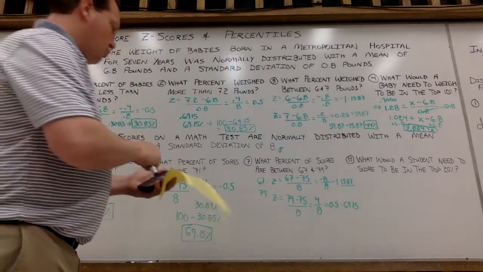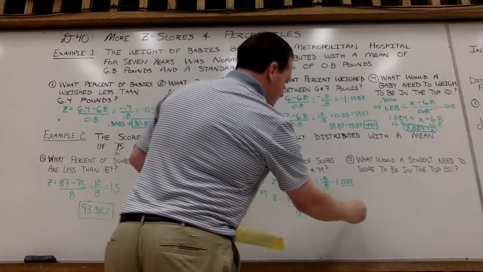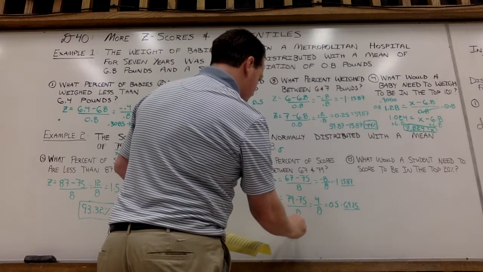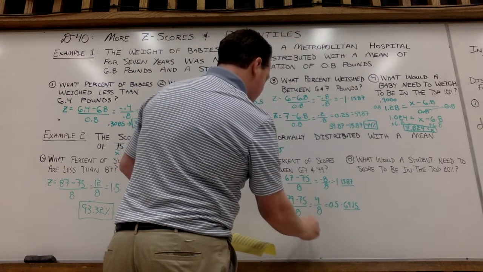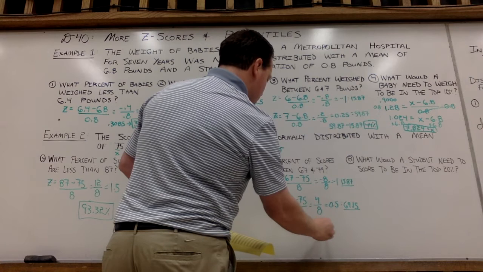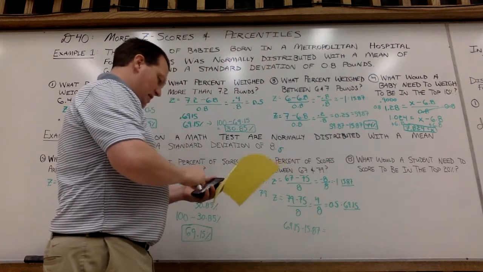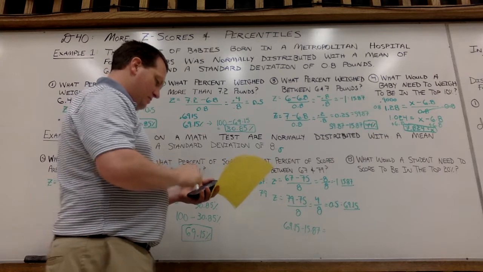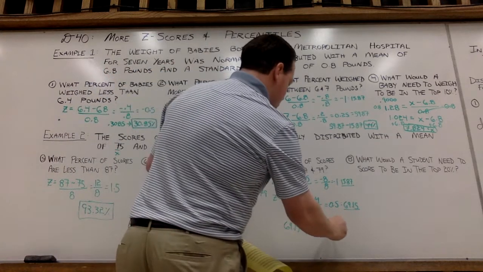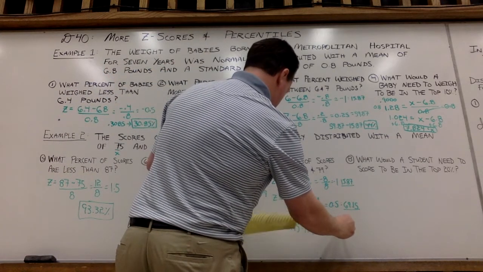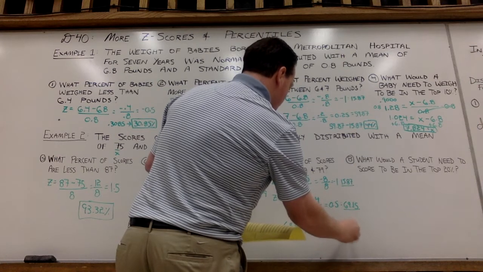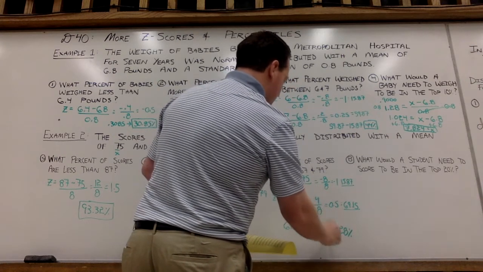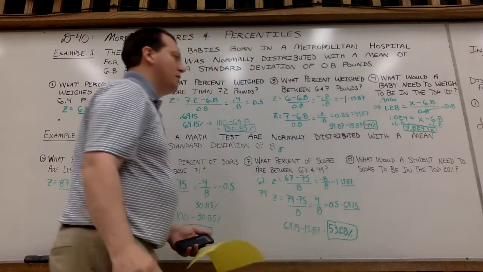And subtracting here, my largest minus smallest, 69.15 minus 15.87. We've got 53.28% of all scores would be between 67 and 79, so a little more than half.